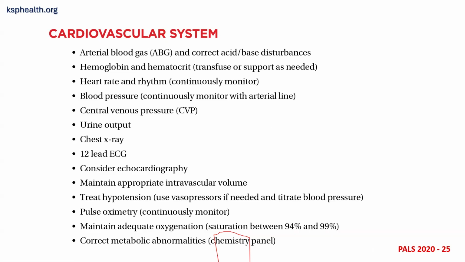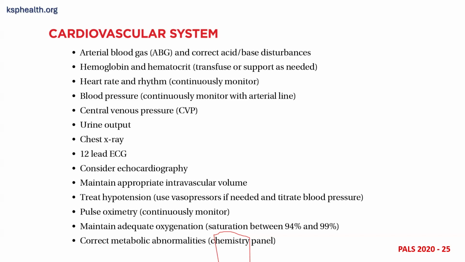Cardiovascular. Again, blood gas and make sure acid-base balance is optimal. Hemoglobin and hematocrit need to be kept optimal by transfusion or support. Check the heart rate and rhythm. Keep the blood pressure normal. If you have a central venous line, check central venous pressure and urine output. All these patients need to have a Foley catheter in place to measure the accurate urine output.